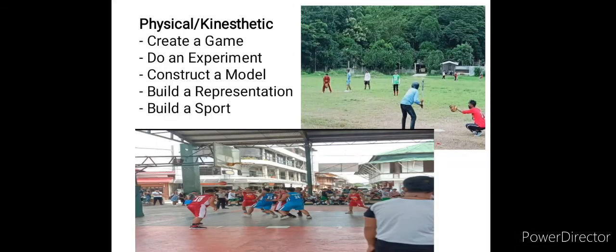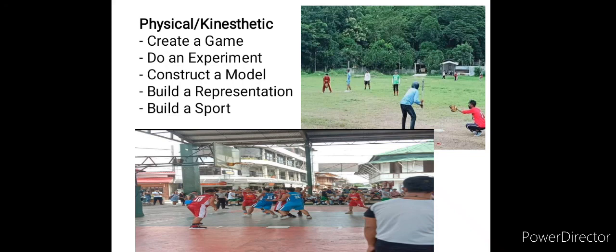Let's have my take action. What is my learning style? I study the learning style choice board and I check as many as I feel I want to do more often. I choose three learning styles that I feel I belong with. Physical or kinesthetic, where I create a game, do an experiment, construct a model, build a representation, and create a sport.